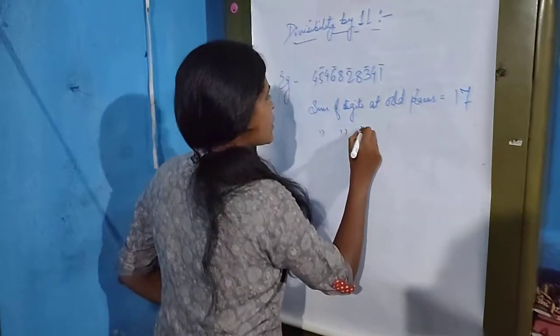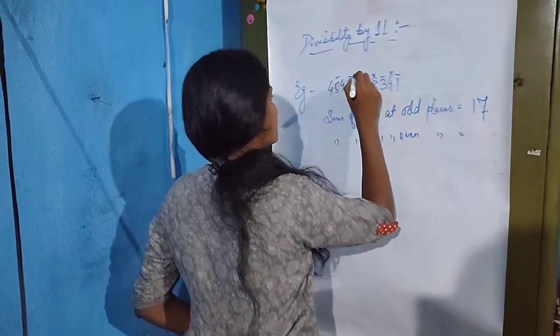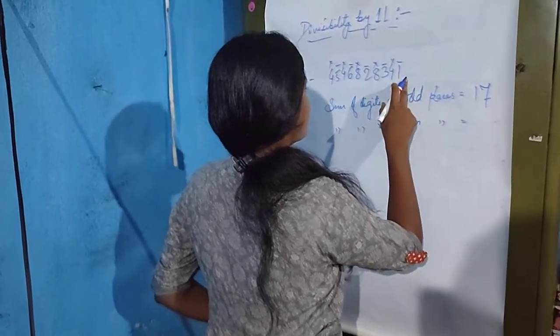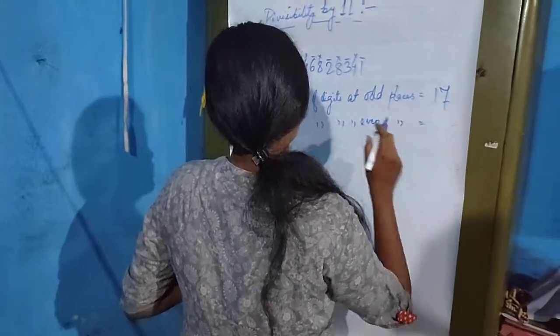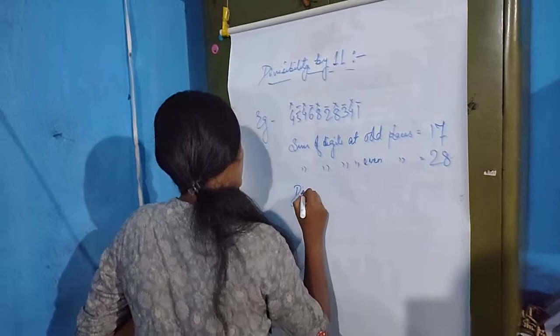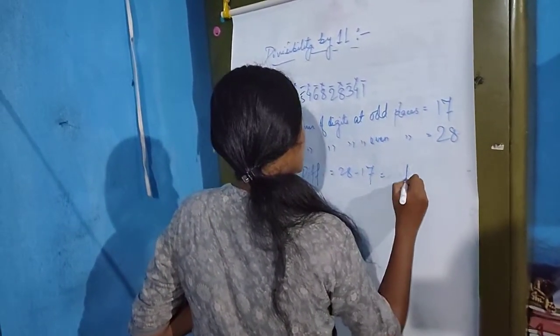Now find the sum of digits at even places. This will be 28. So now the difference will be 28 minus 17, and you will get 11.